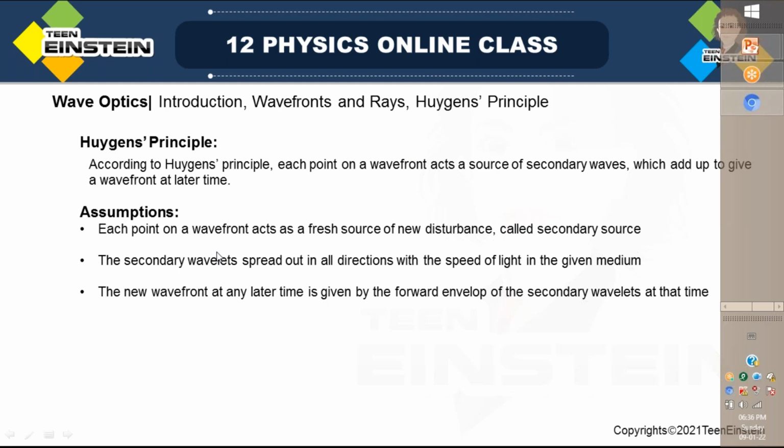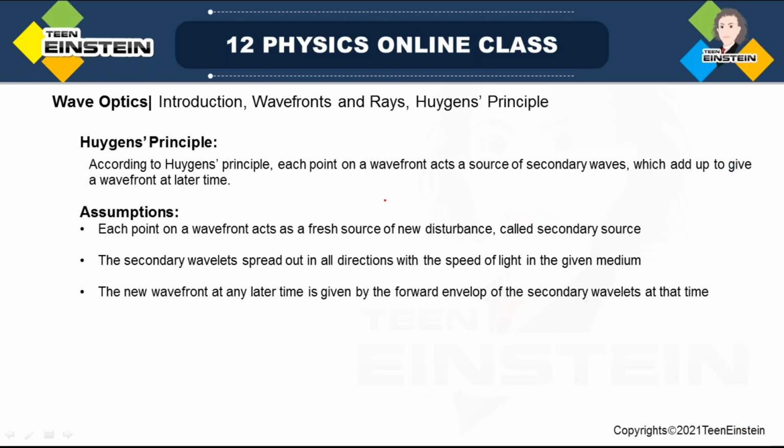So let us see Huygens principle. According to Huygens principle, each particle on a wavefront acts as a source of secondary waves, which add up to give the wavefront. I'll explain what it is.